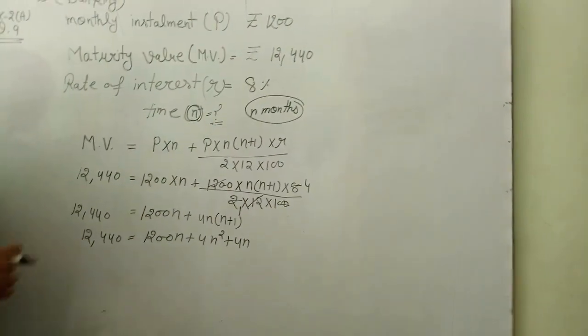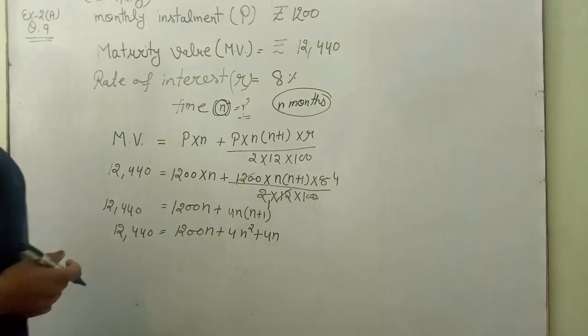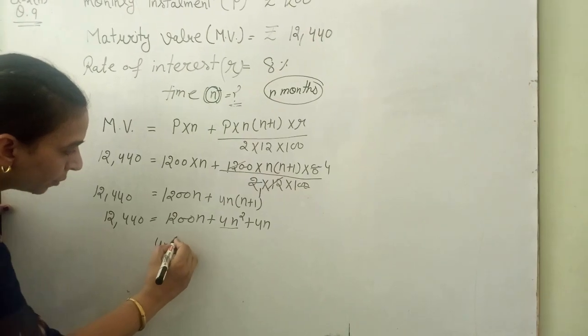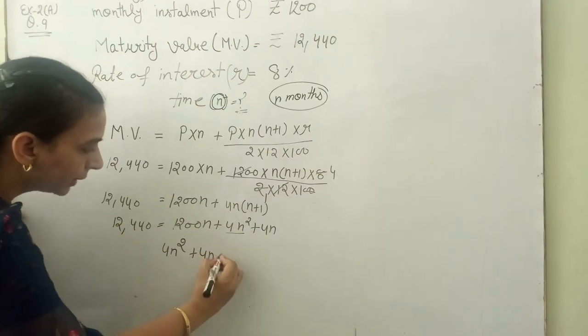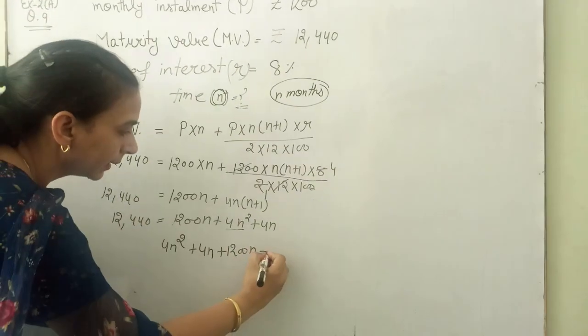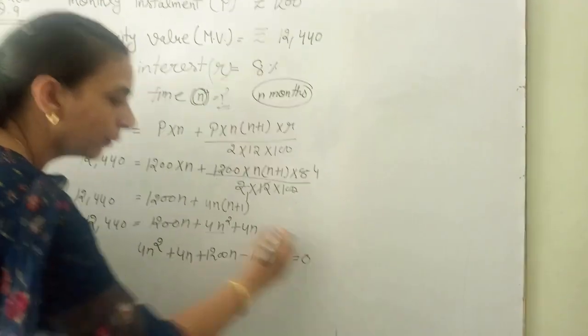Okay students, again we take the maturity value to the right side. Then we write 4n square plus 4n plus 1200n minus 12,440 equal to 0.